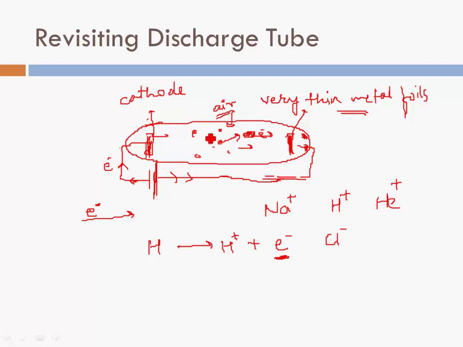If there are a lot of obstructions, they will never gain such high velocities that they can knock out another electron from an atom, or travel from cathode to anode. They will get obstructed somewhere in between, and your discharge will end. That is why we had to reduce the amount of gas inside the discharge tube, and why only at very low pressures were we able to observe cathode rays traveling in straight lines.